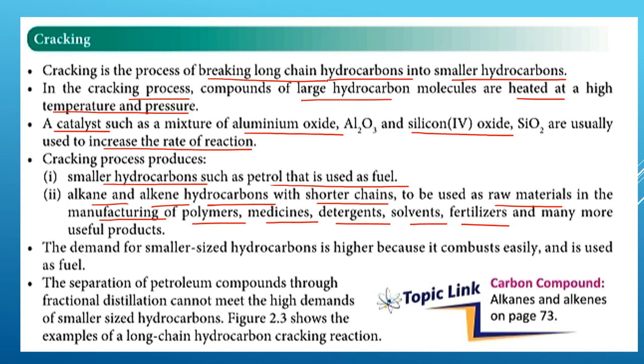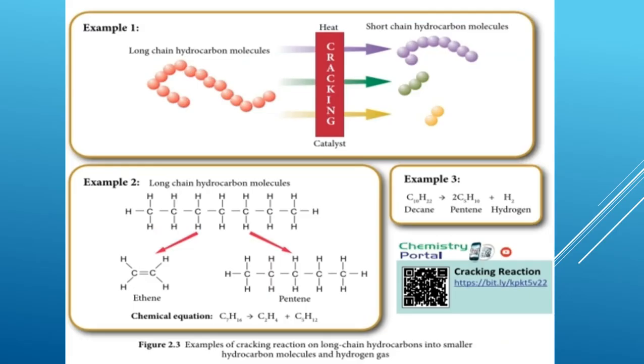Okay, so the separation of petroleum compounds through fractional distillation cannot meet the high demand for smaller size hydrocarbons. Okay, because the demand for smaller size hydrocarbon is higher because it combusts easily and is used as a fuel. So example number 1 here, long chain hydrocarbon molecule, dia heat cracking with a catalyst, so they become short hydrocarbon molecules.